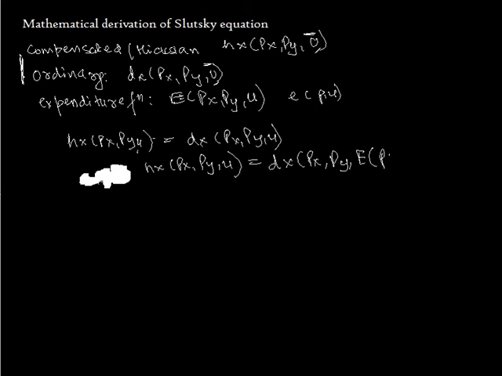So in place of U, you are writing E(Px, Py, U). Now, this equation is obtained by inserting E in place of U.